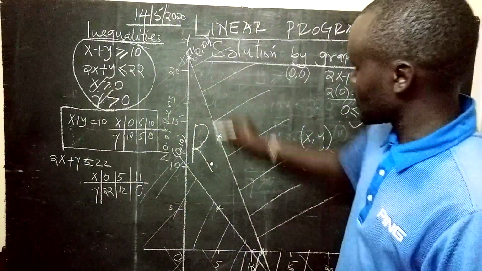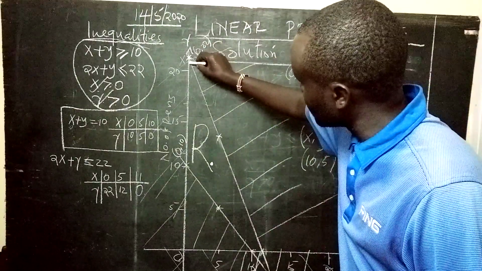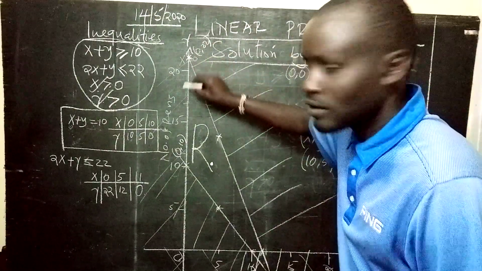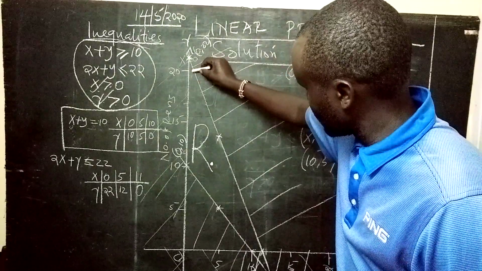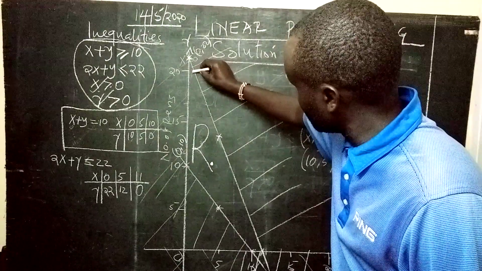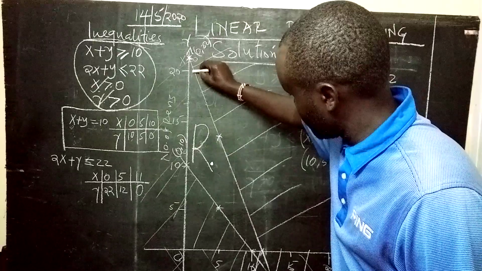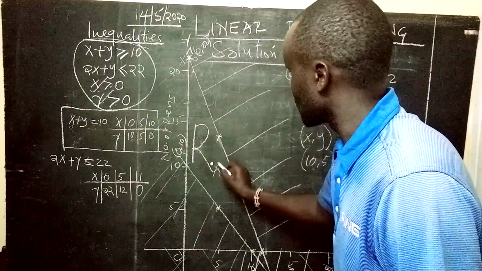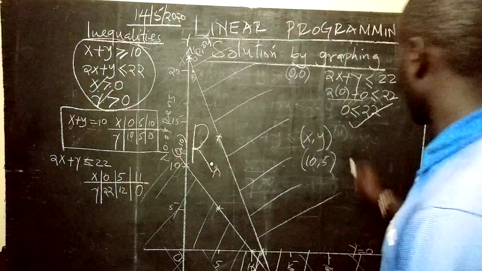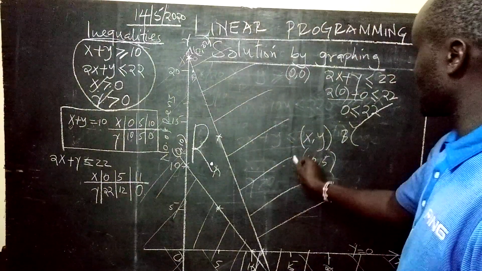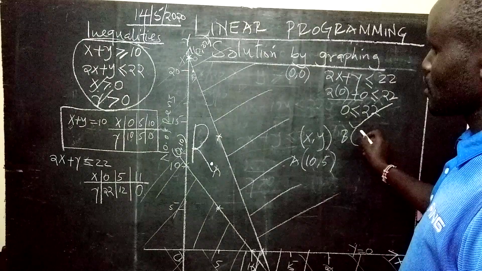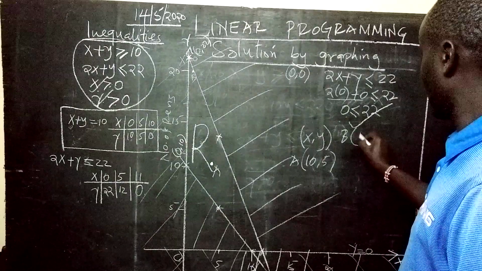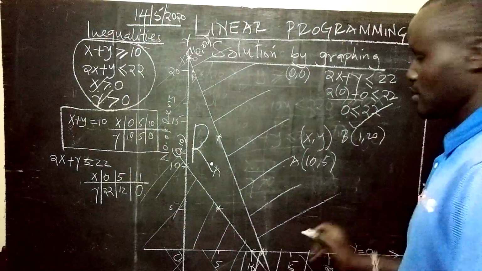Also, we have these points here. Another point, because this line is inclusive, but just below, because this line is not inclusive, just below that one. Take an example of these points. If this one is point A and this one is point B, I can say the coordinates of point B are going to be 1, 20.